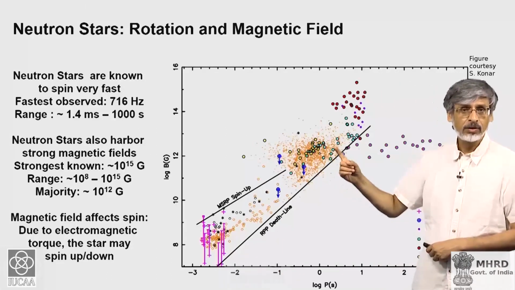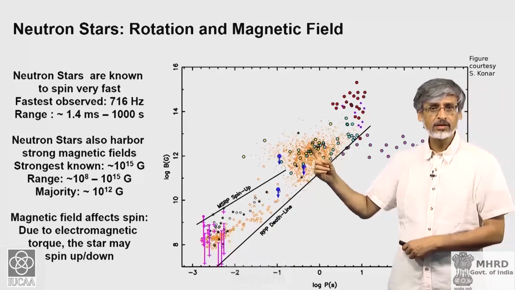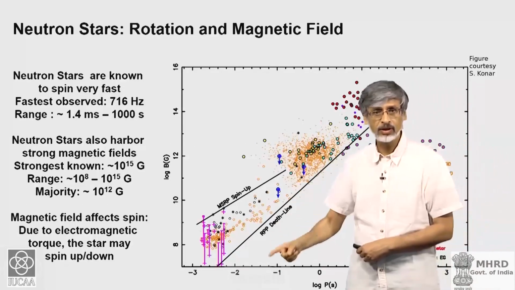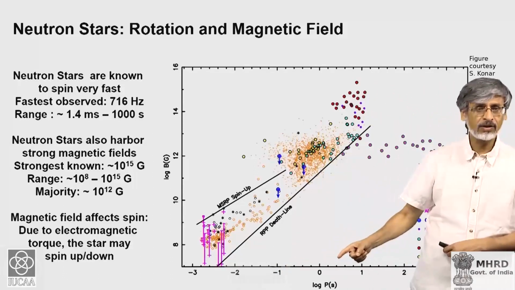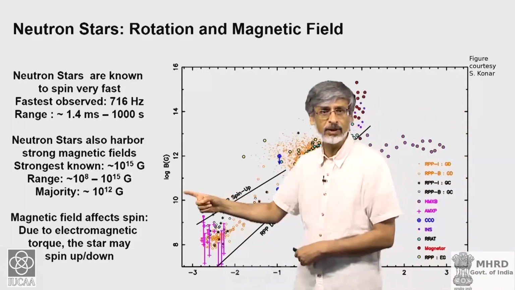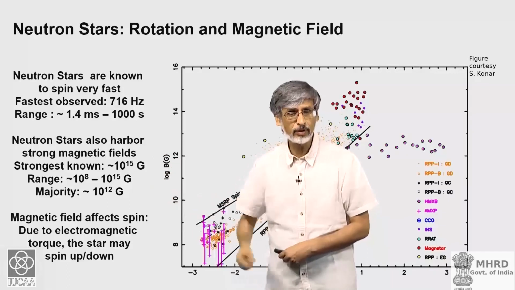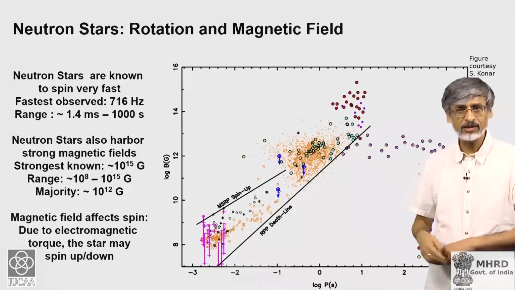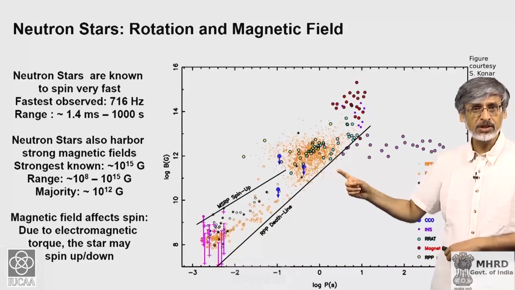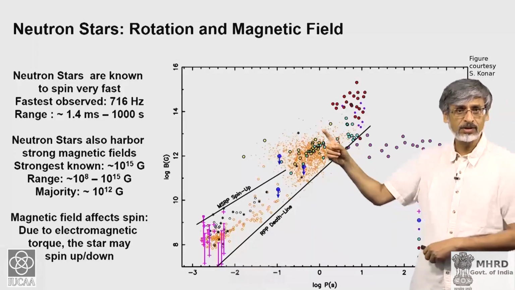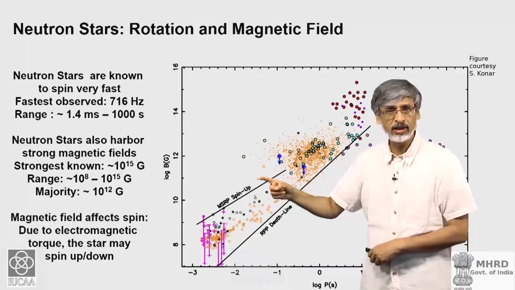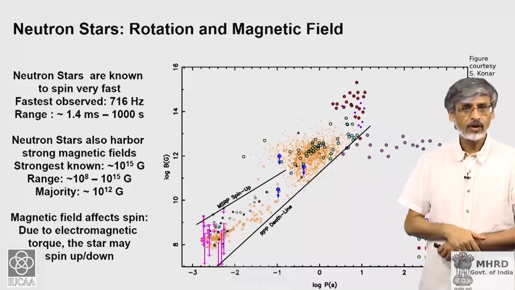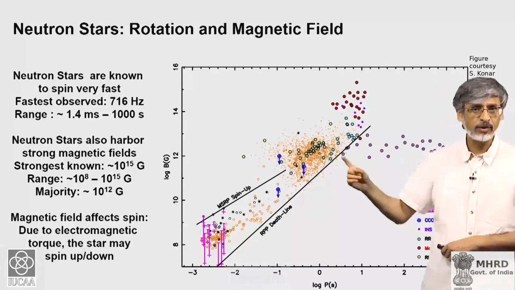What we have shown here is a compendium of measurements of the spin period on the horizontal axis and the magnetic field in the vertical axis, the inferred magnetic field of neutron stars of various kinds, many of which are radio pulsars, which is largely located here. This set of yellow points show the bulk of the isolated pulsars.